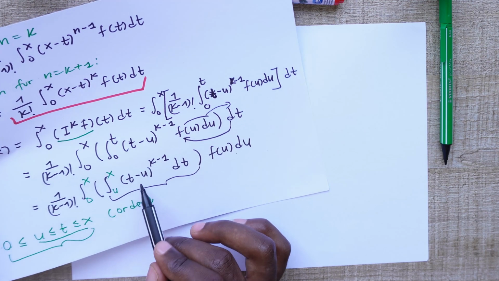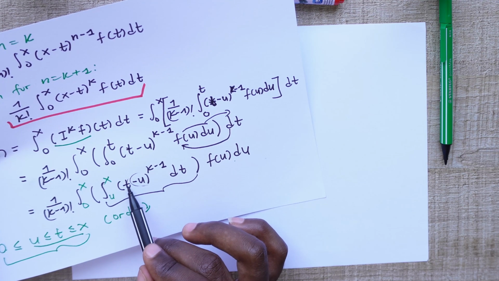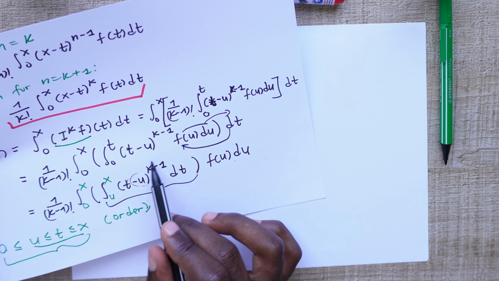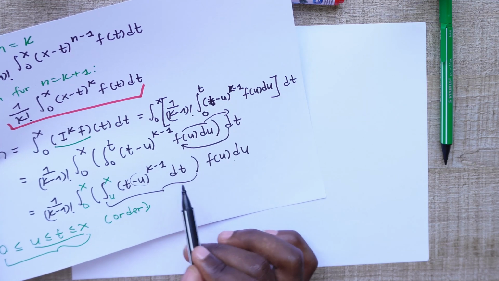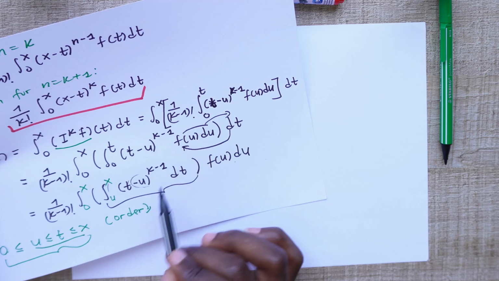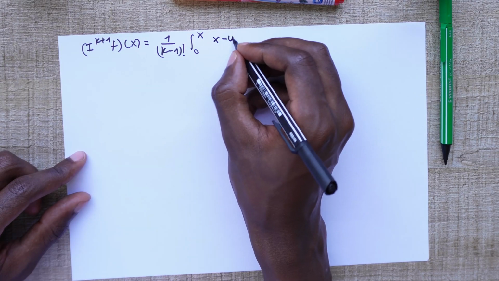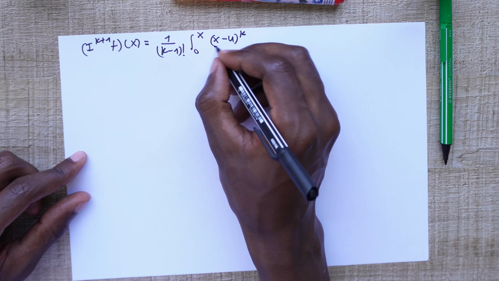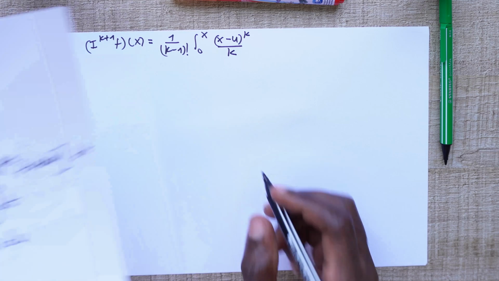If you're integrating a polynomial, you can just apply the integral for a polynomial. So that's just going to be t minus u to the power k minus 1 plus 1, and then divided by k minus 1 plus 1. So the result of this is just going to be x minus u to the power k all over k. That's just the result of this integral.